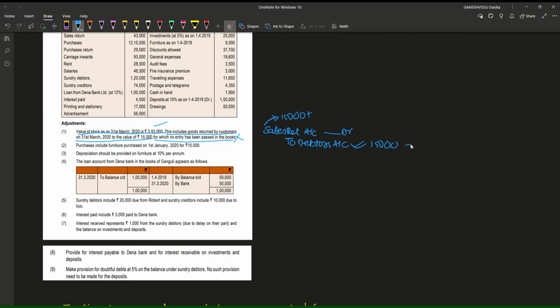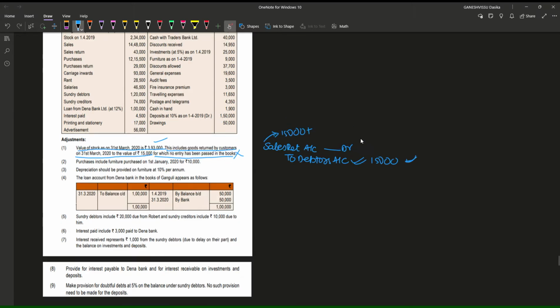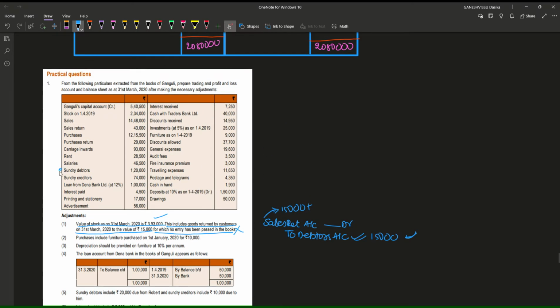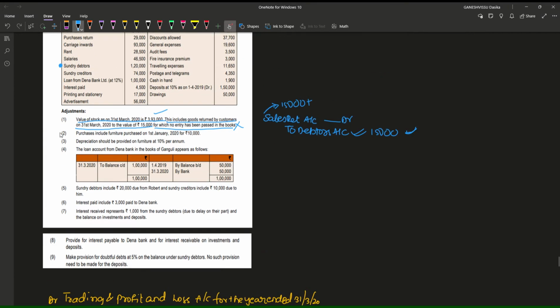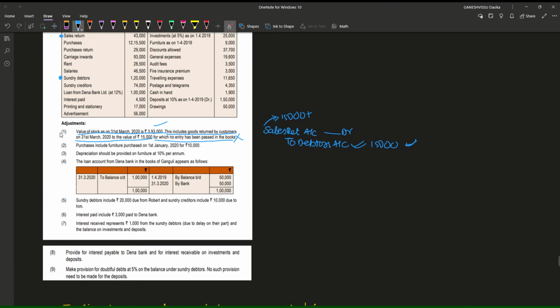So here in the sundry debtors we are going to highlight this point, and also sales returns we are going to highlight, so that we do not leave any single point.